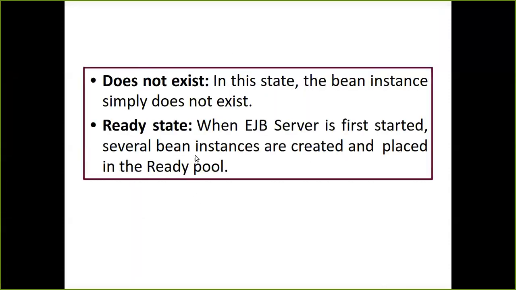So, as I just said, does not exist means the bean instance does not exist. Then it goes to the ready state when the EJB server starts execution and has the bean instance, but it is removed once the execution is completed.